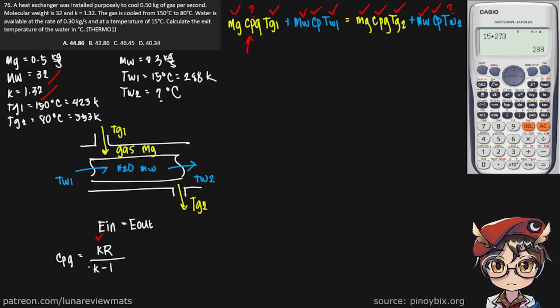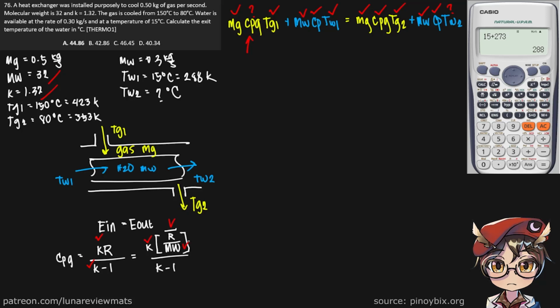We already know our k, but we still need to find the individual gas constant. Now that can easily be found by using this formula, which is simply the universal gas constant divided by the molecular weight of our gas.